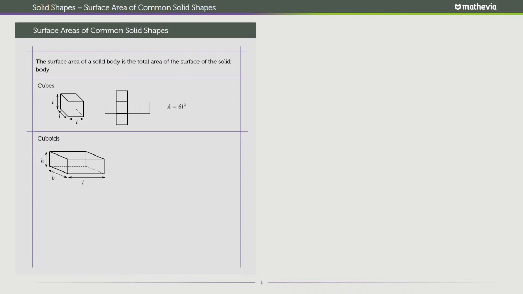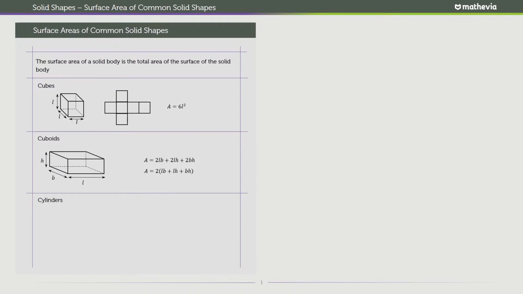Okay, and basically once you've done all of that, you just go ahead and add all of them up, and you should have that A equals 2LB, that's for the top and the bottom, plus 2LH, that would be for the front and the back, and then plus 2BH for the two sides. And you can actually factorize that to simplify things. You have that A equals 2(LB plus LH plus BH). And yeah, that's it for cuboid.